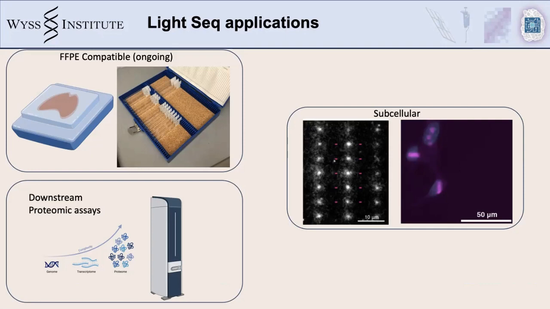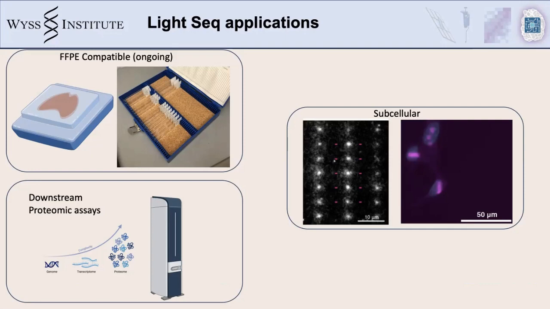Because the proteins in the sample are still more or less intact, you can follow up with a destructive workflow like mass spec in order to identify all the proteomic space of your sample of interest.